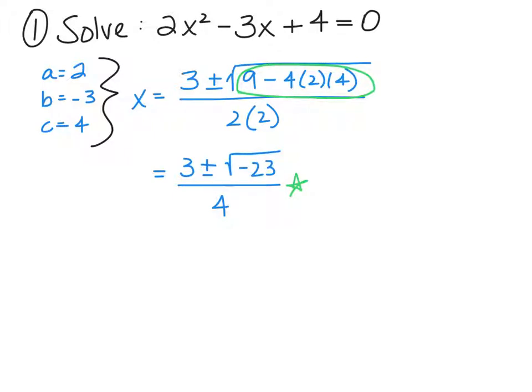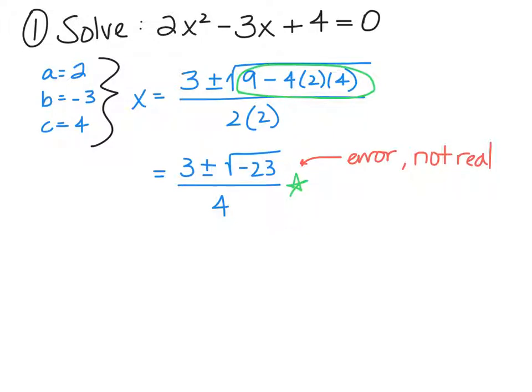Well, we talked about breaking that down. 23 doesn't break down. And if you go to type in the square root of negative 23 in your calculator, it's going to say error. And that is because you cannot take the square root of negative numbers. Your calculator will actually say error, non-real answer. So this means that our answer is not real.